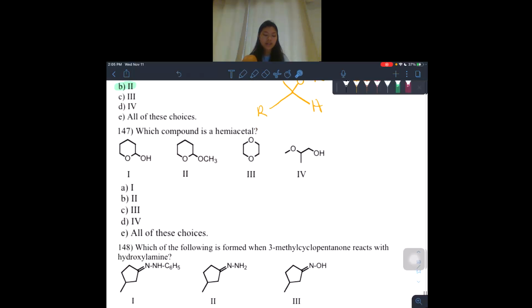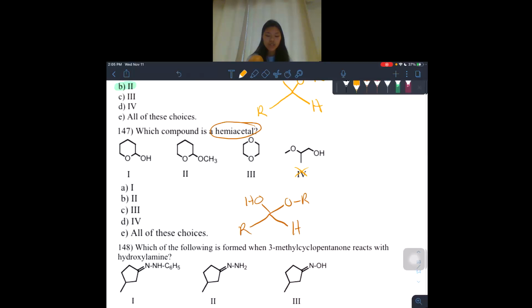All right, and then to combat that, now we are looking for the hemiacetal. Hemiacetal is this. So we will have an OR group and an OH group, because remember, it is a hemiacetal, so you kind of think of it like halfway. So we need to find one that has an OH group.